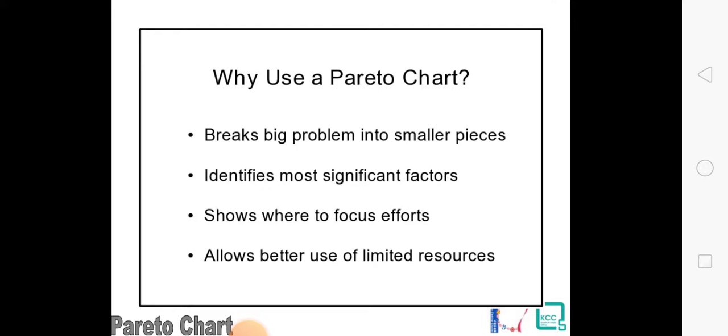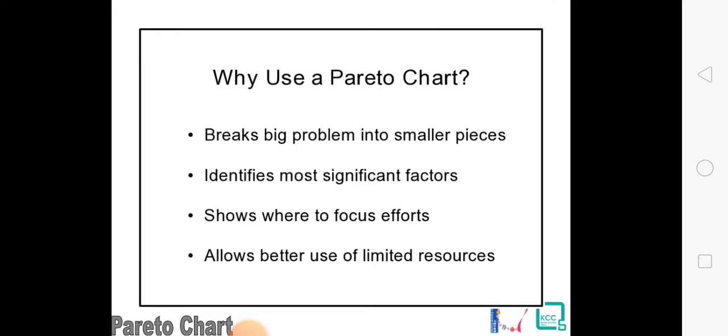This Pareto chart can also provide a means for investing in quality improvement, where quality improvement is required, where efficiency improvement is required. Material wastage, energy conservation, safety issues, etc. can be improved by using this Pareto chart.